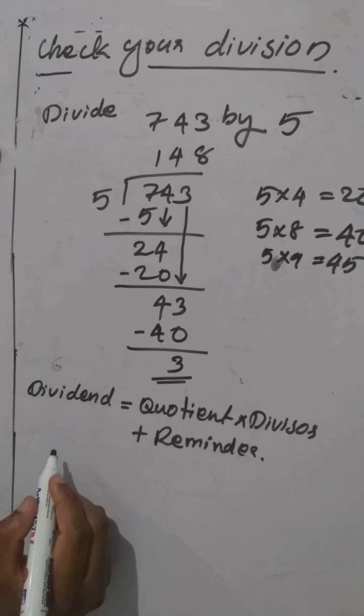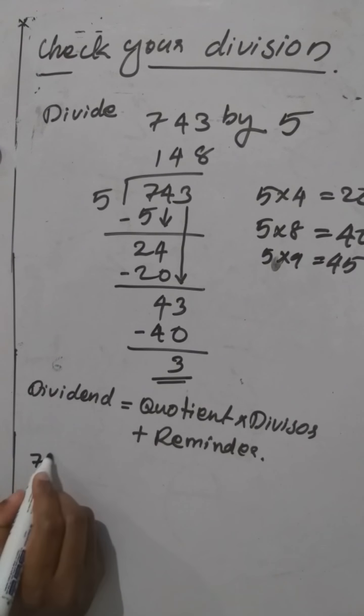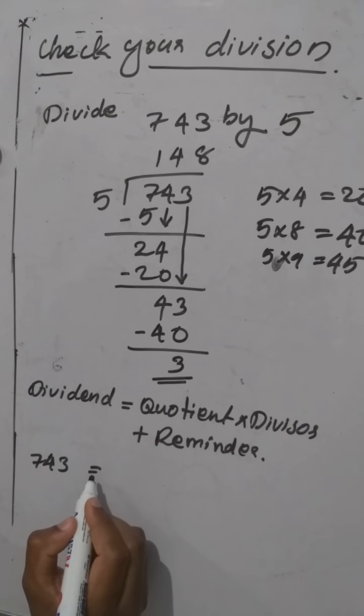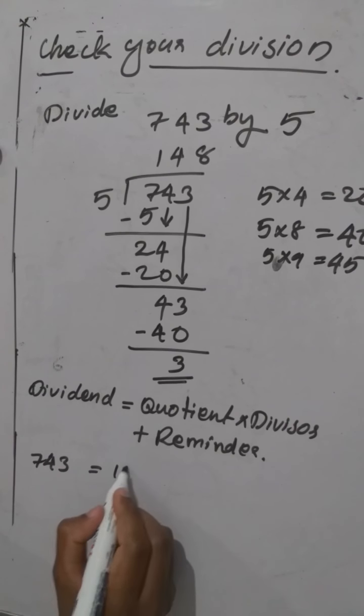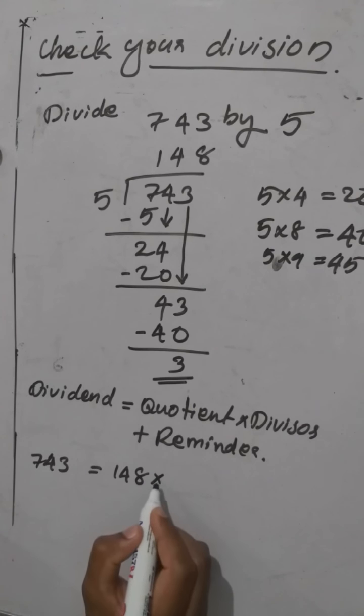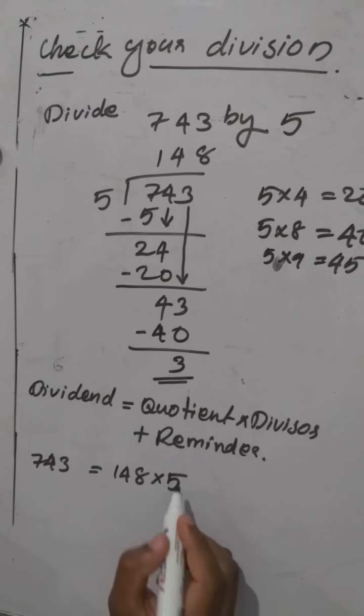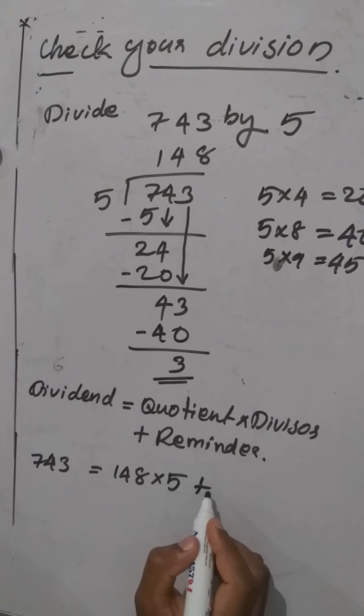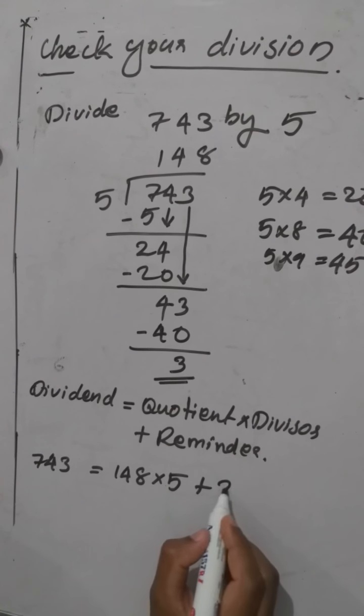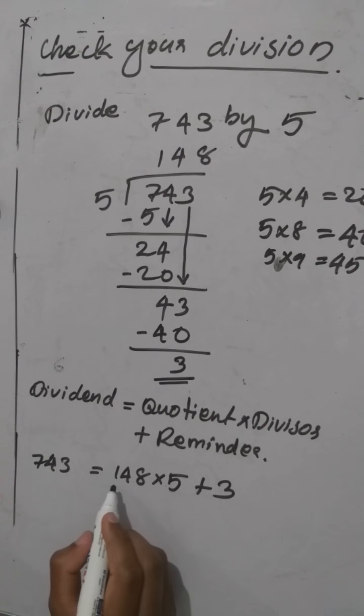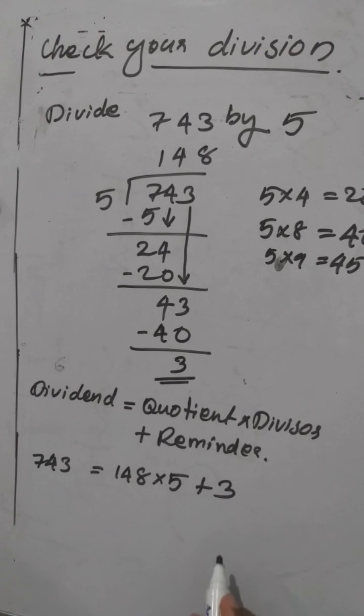So the dividend is 743 here, the quotient is 148, the divisor is 5, and the remainder we got is 3. And we'll check 148 multiplied by 5, what is it?